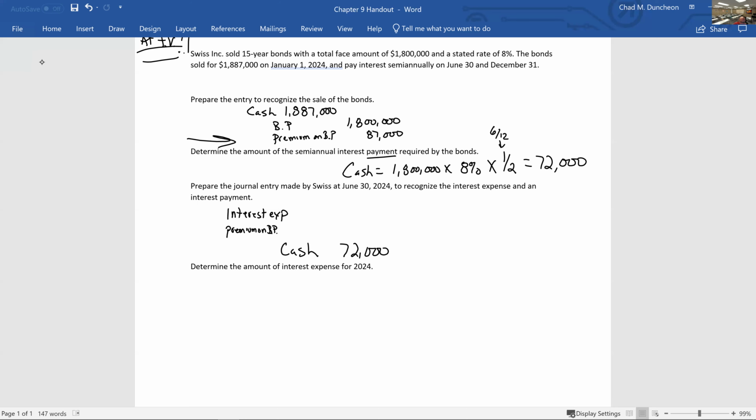Okay, the next thing we need to calculate is the amortization amount. In order to get that, we take our total premium or discount. In this case, it's a premium though. And we divide it by our total interest payments.